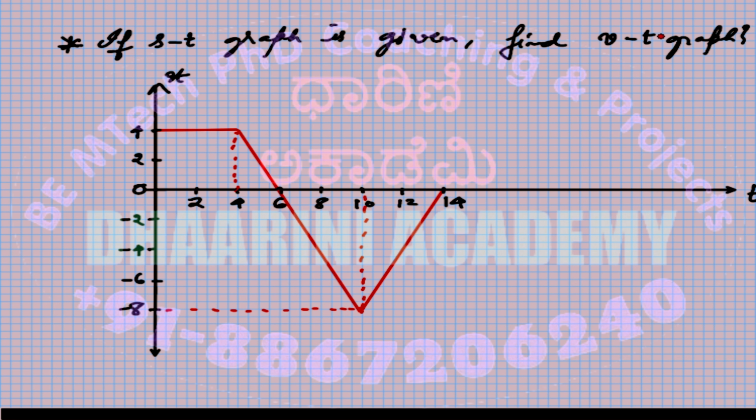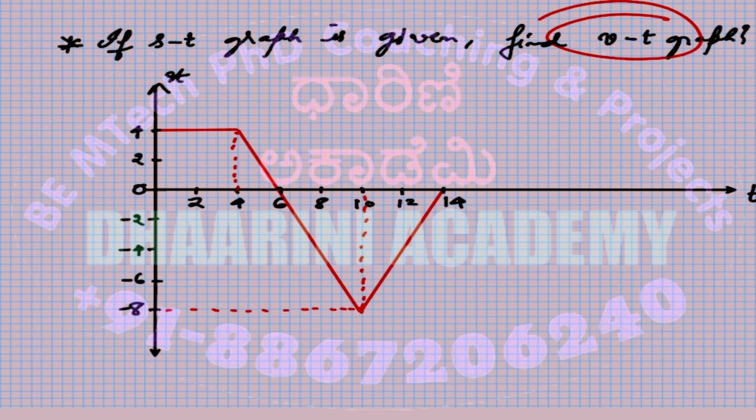And the question asked is plot the velocity versus time graph. So go back to the table and check, if x displacement time is given, how to convert that into the VT graph. What is the operation that you are going to perform? Okay, first check that. Then you try to solve.